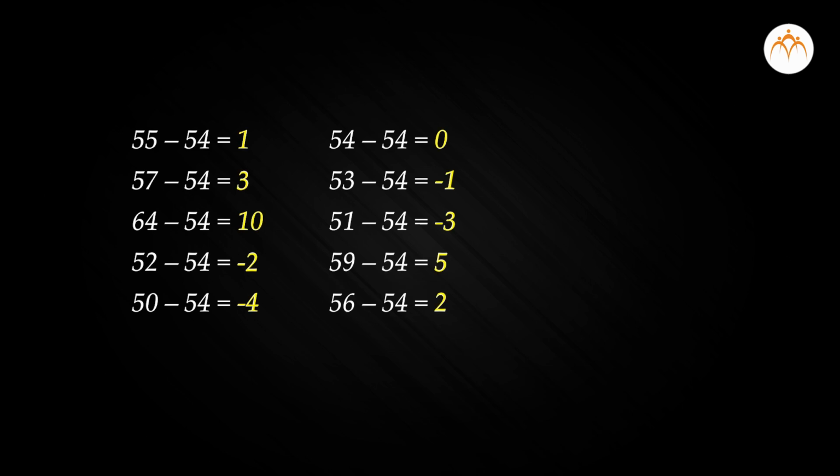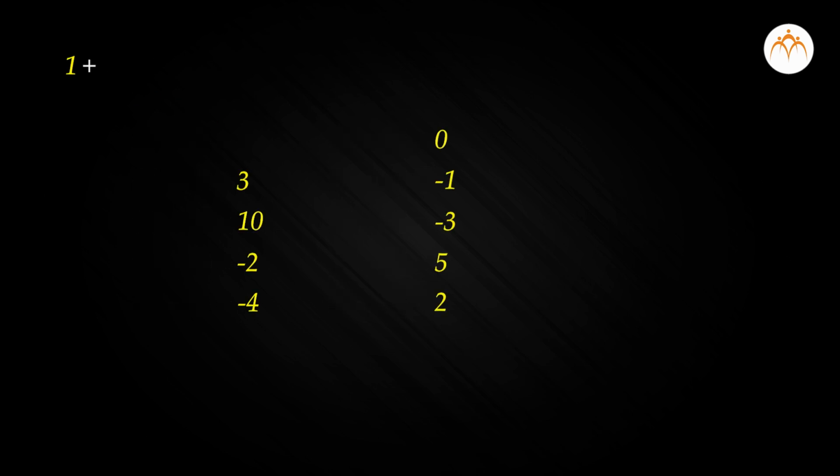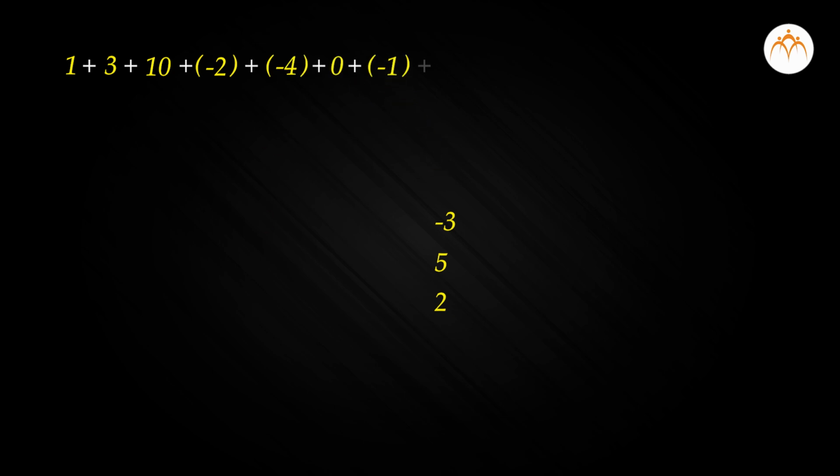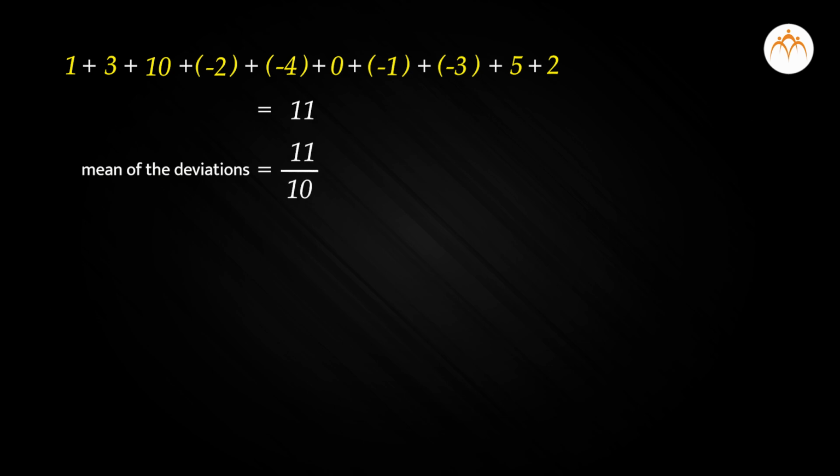The sum of the deviations is equal to 1 plus 3 plus 10 plus minus 2 plus minus 4 plus 0 plus minus 1 plus minus 3 plus 5 plus 2 equal to 11. Therefore, mean of deviations is equal to 11 divided by 10 because the total number of deviations is 10.